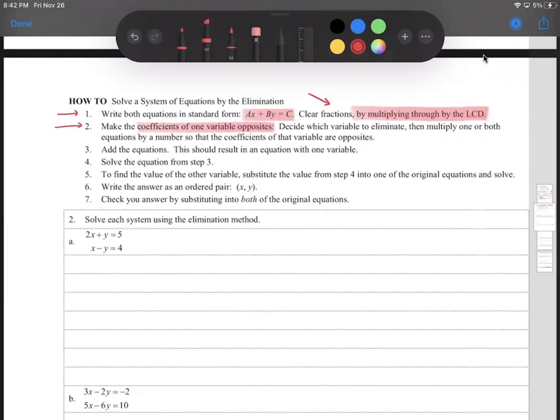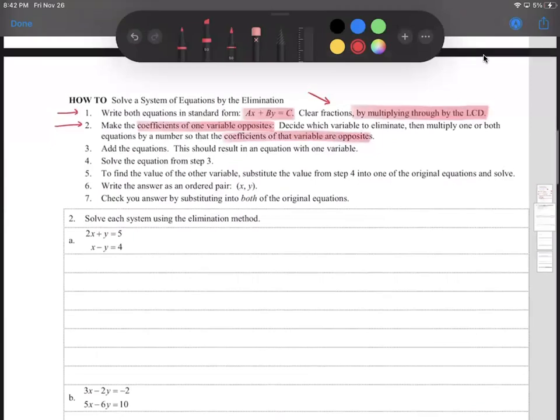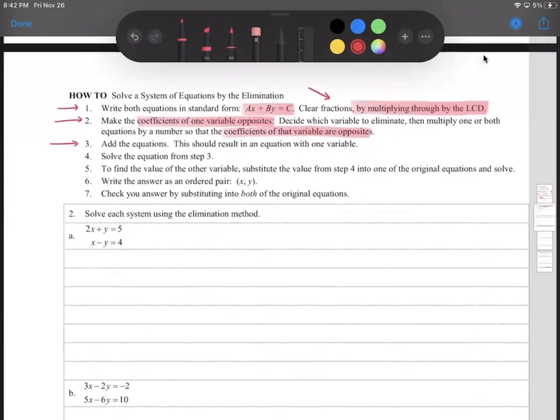Decide which variable to eliminate, then multiply one or both equations by a number so that the coefficients of the variable are opposite. Step 3, add the equations. Once you multiply the equation by the number, whatever number you choose, depending on which variable you decide to eliminate, we want to add the equations together.